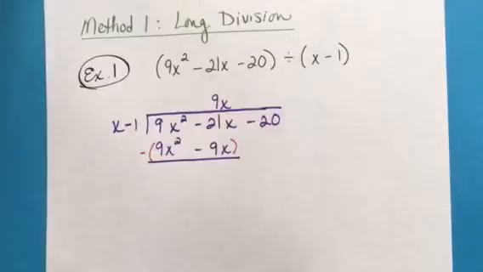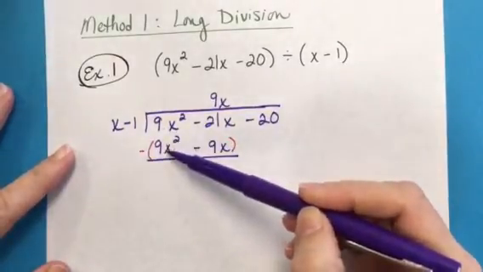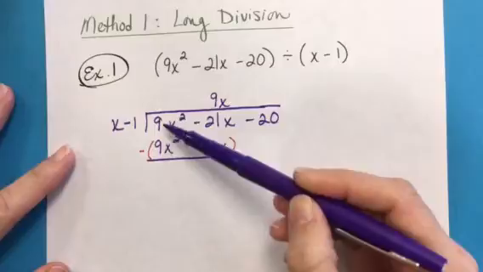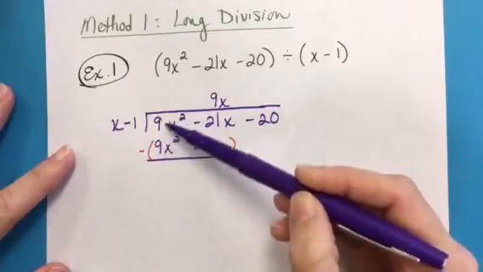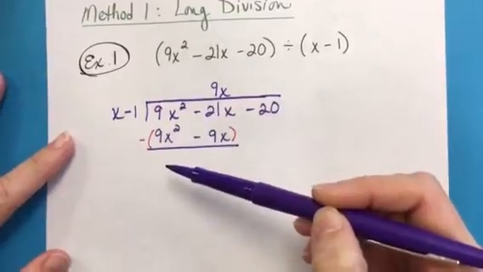Now I'm putting it in parentheses because you've got to make sure that you are subtracting both terms. So you've got 9x squared minus 9x squared, which is 0. And you do want this first column of subtraction here to always give you 0 if you've done everything correctly.